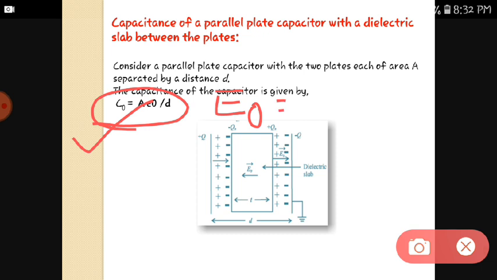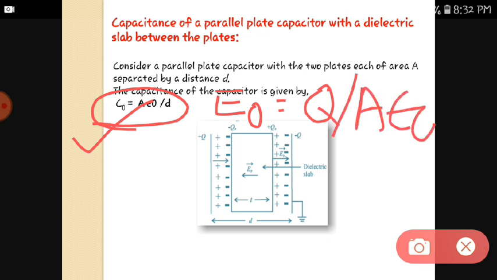What was E0 over there? E0 was Q divided by A epsilon 0. Am I right? Yes, I am right. So these are the two formulas which we have derived already, when no dielectric medium is there.